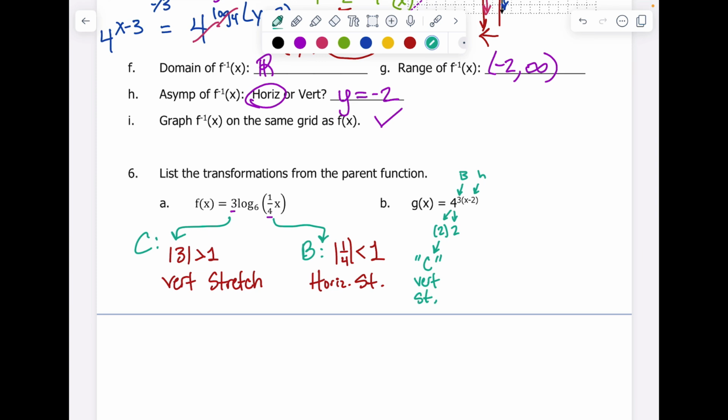But probably just assume it's a base 4. This B, having an absolute value greater than 1, would be a horizontal compression. And this 2 would be a horizontal shift. And remember, the number inside the parentheses does the opposite of what you think it would do. So it's going to go to the right 2.